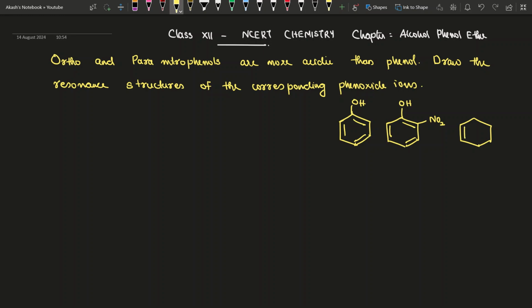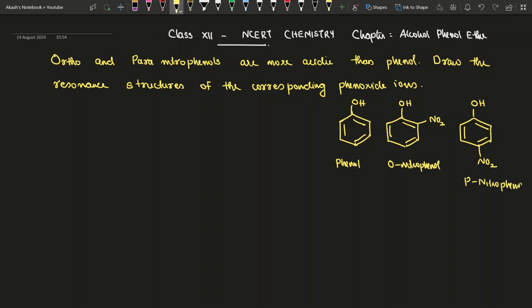If a nitro group is attached to the para position, that is called para nitrophenol. So this is phenol. This is ortho nitrophenol. Next is para nitrophenol.